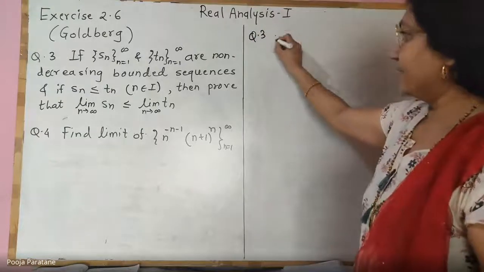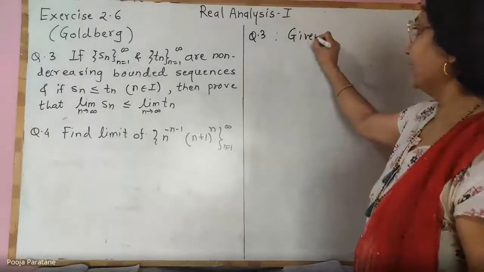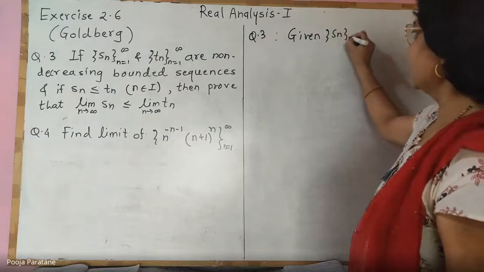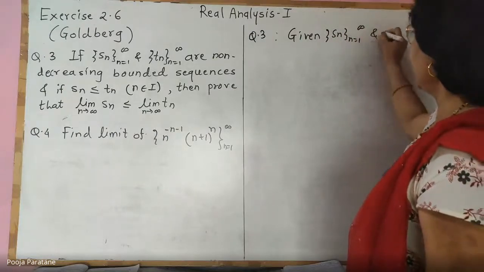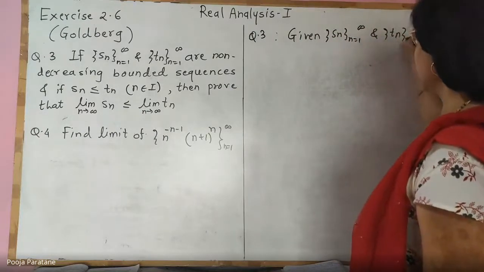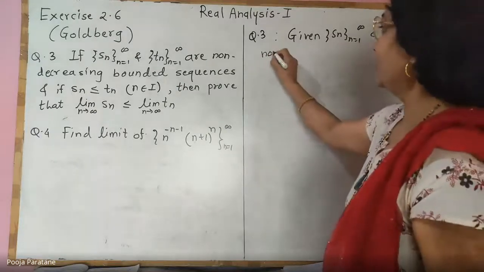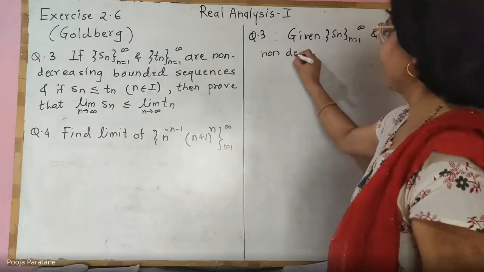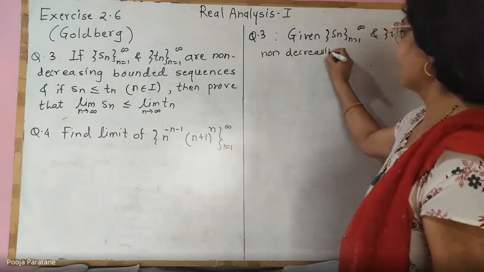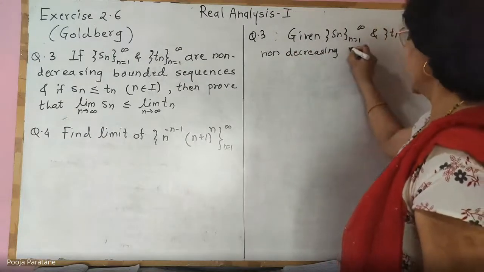So what is given here? First we will write given Sn and Tn. These sequences are non-decreasing and bounded.